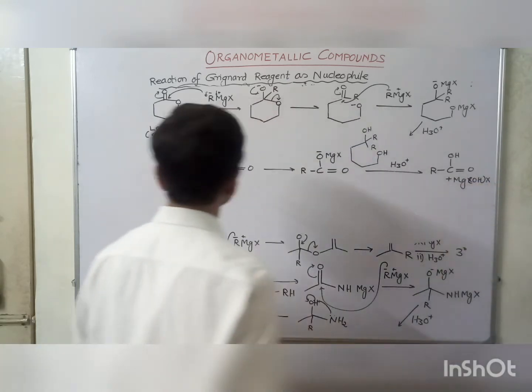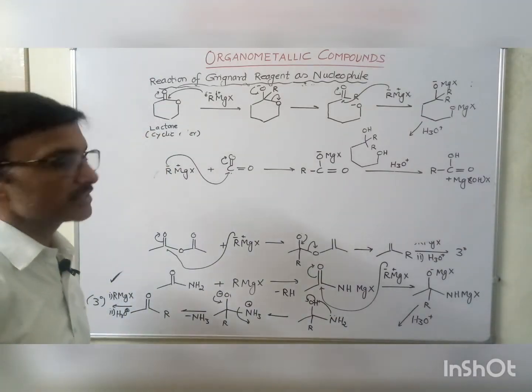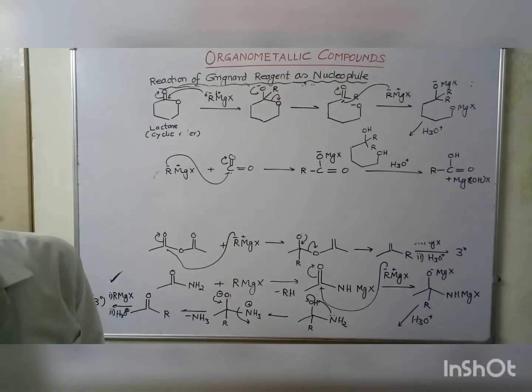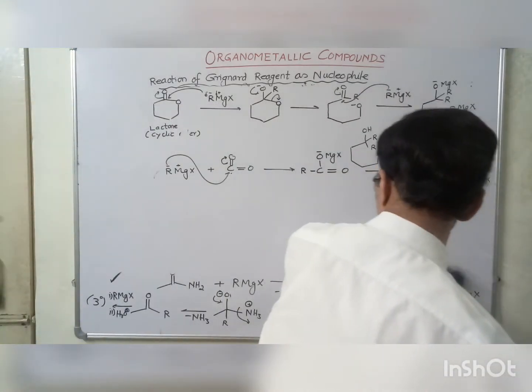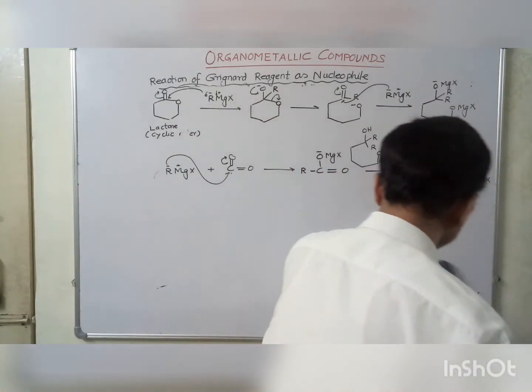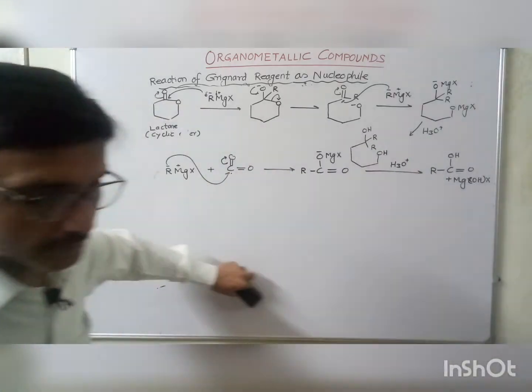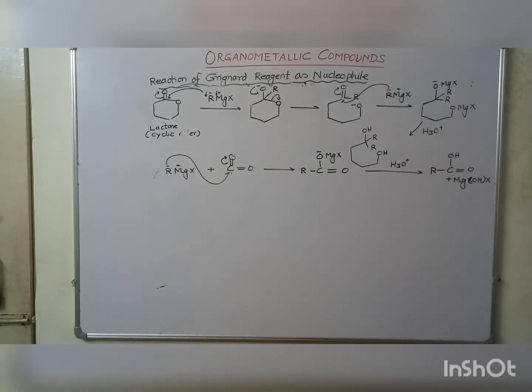Now, another one of the important reactions of this Grignard reagent is with epoxide. The reaction with epoxide takes place with the opening of the epoxide ring.